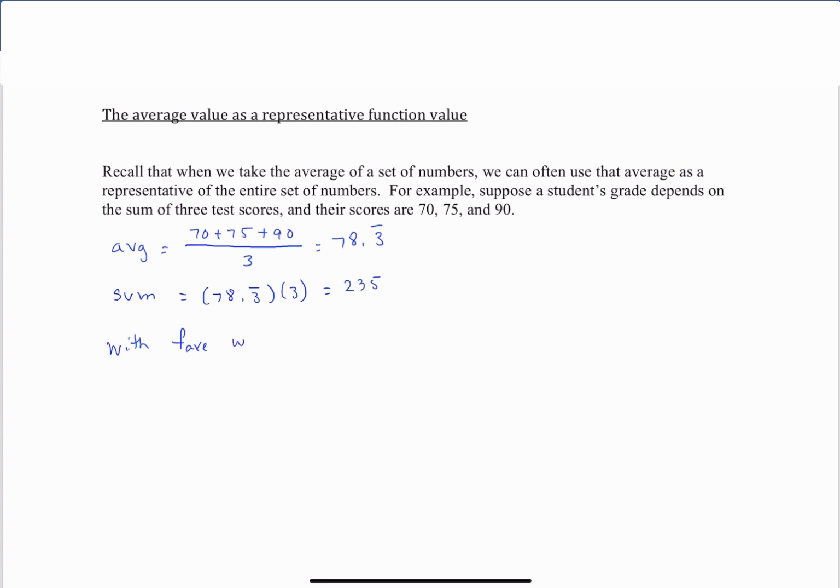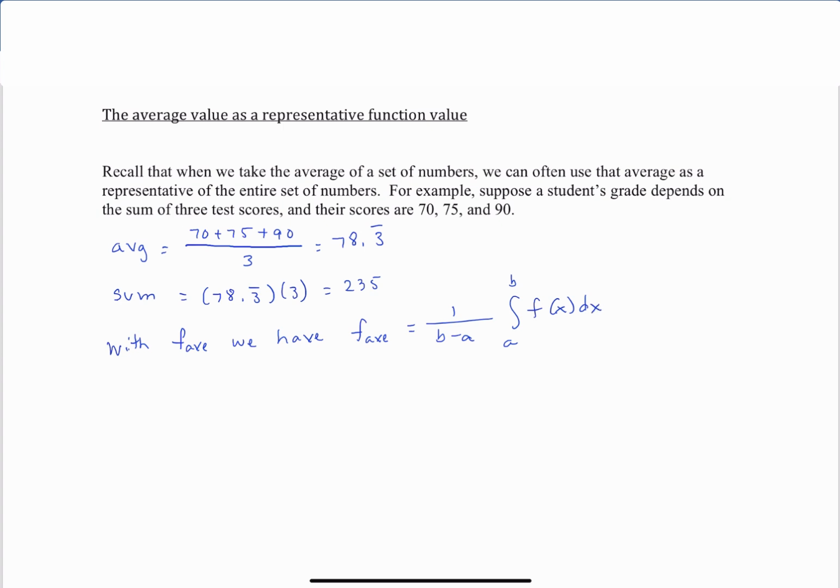With that, we have our formula that says the average value is 1 over b minus a times the definite integral from a to b of f of x dx.